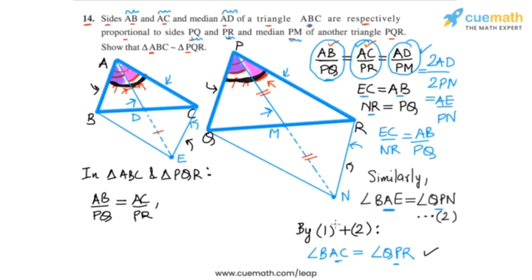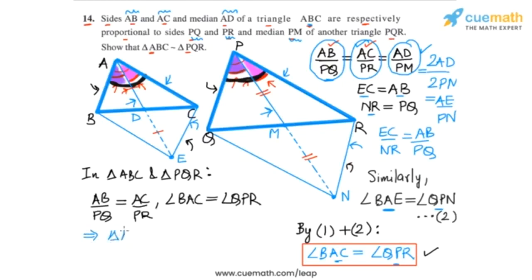So basically all the stuff that we did before this was to show this equality, that these two angles BAC and QPR are equal. So this was what all the effort was about. Now we have shown that angle BAC is also equal to angle QPR. So basically now we can say that the two triangles must be similar by the SAS similarity criterion.